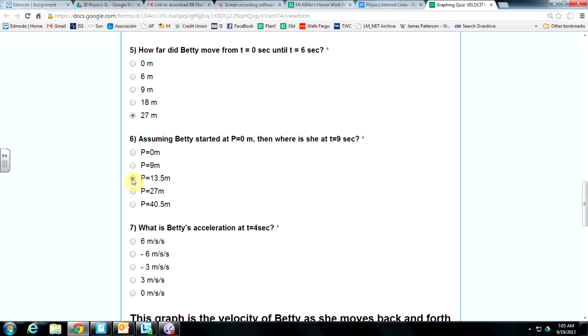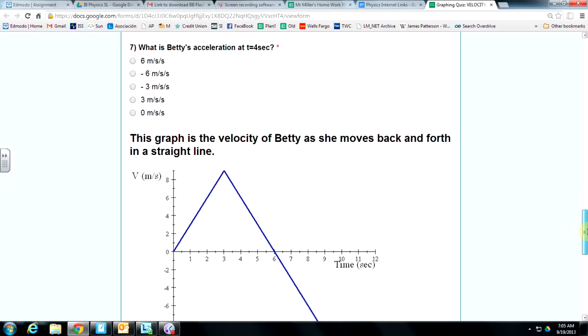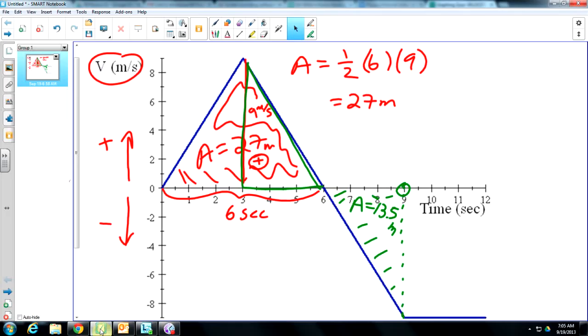What is Betty's acceleration at t equals 4 seconds? So acceleration is the slope of the velocity. So what we want to do is think about what is this slope here. Let me grab, say, a different color. So we'll say the slope here, which we did the math earlier on the position graph, but we can see that we have a 9 over 3 because this is 9 meters per second over 3 seconds.